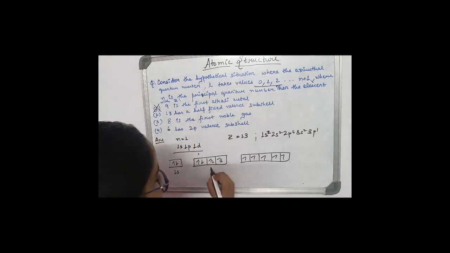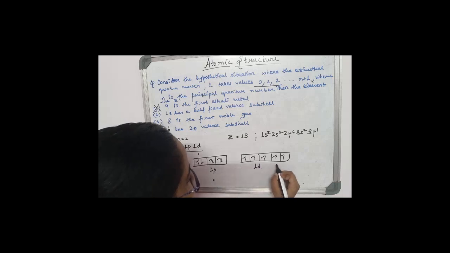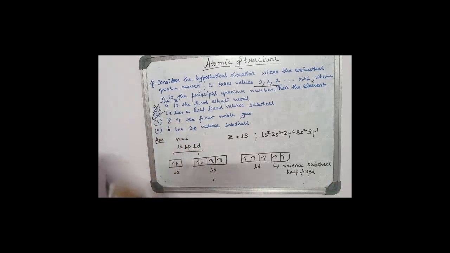So this statement is true, right? 13 has a half-filled valence subshell. So this is 1p, 1d. 1d is the valence subshell, which is half filled. So this statement is correct. 2 is correct.